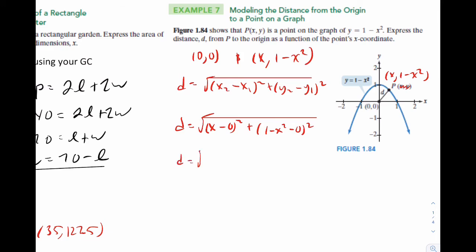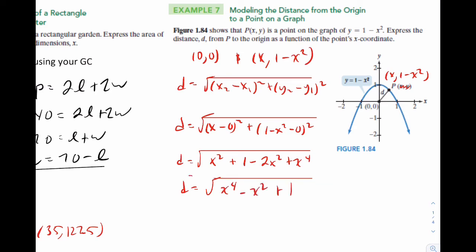Let's do some algebra. X squared, and this would be 1 minus 2x squared plus x to the 4th. Go a little bit further. X to the 4th minus x squared plus 1.